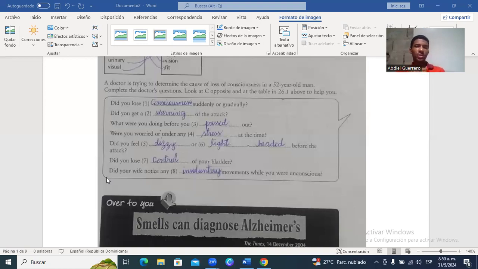What were you doing before the blackout? Were you worried or under any stress at the time? Did you feel dizzy or light-headed before the attack? Did you lose control of your bladder? Did your wife notice any involuntary movements while you were unconscious?